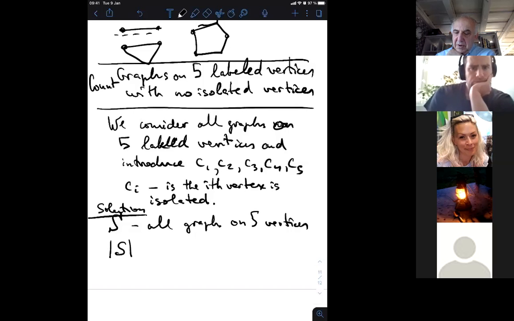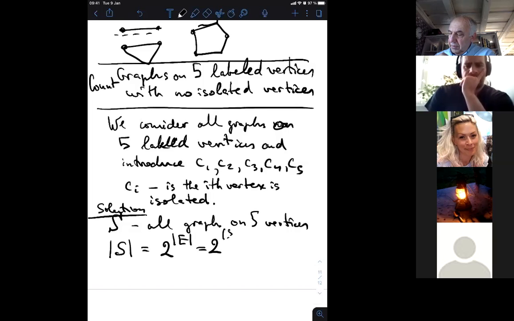In a graph we can either take an edge or remove an edge, so the number would be 2 to the power 5 choose 2, 2 to the power 10, and 2 to the power 10 is the famous kilobyte, 1024.